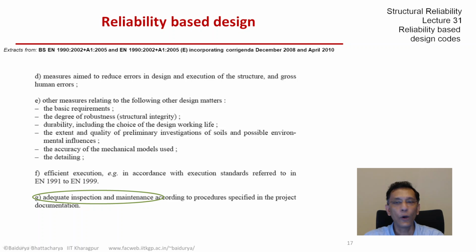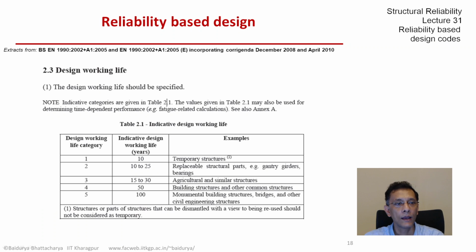Next, we are reminded of the importance of inspection and maintenance because of all the time-dependent issues related to aging and accumulating damage. More specific things now. So the design working life, depending on the type of structure, the designer needs to choose the service life, the intended life, and that is typically for the kind of structures that we undertake formal design are of the order of 50 to 100 years.